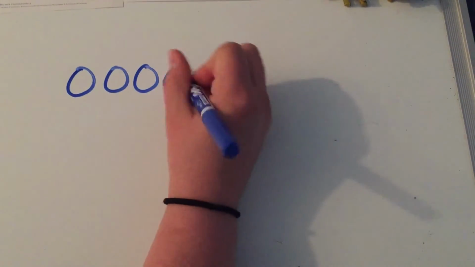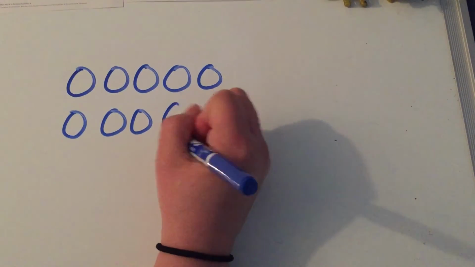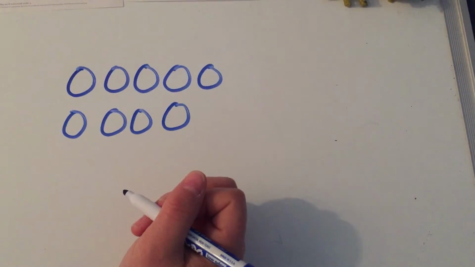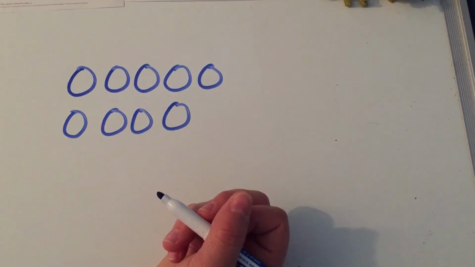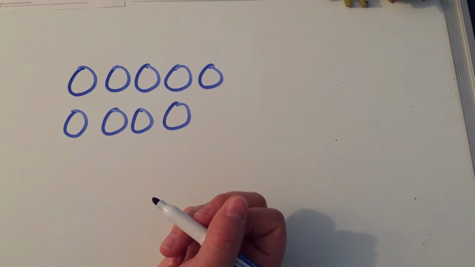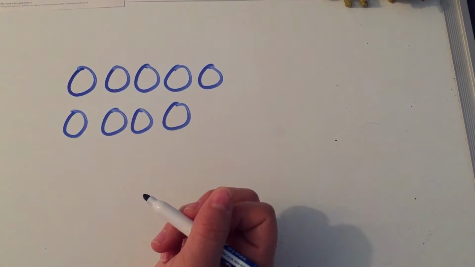There were 9 bears. 1, 2, 3, 4, 5, 6, 7, 8, 9. 2 bears went to go find honey.